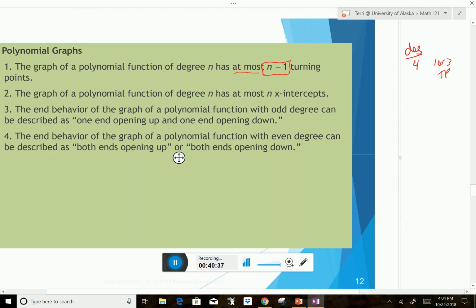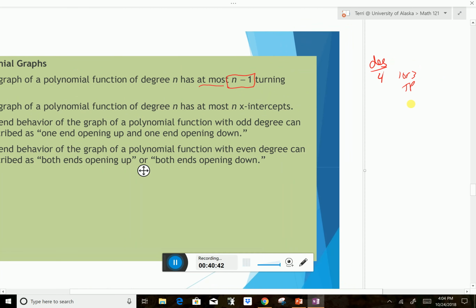Then the graph of a polynomial function of degree n has at most n x-intercepts. So we can have up to 4 x-intercepts. If I have one that goes like this, and that is where the x-axis is, I have 1, 2, 3, 4.